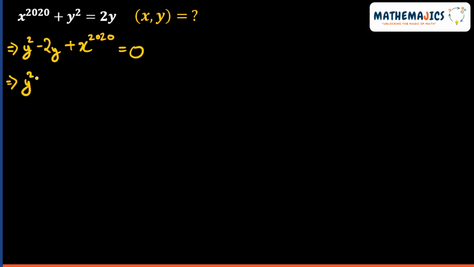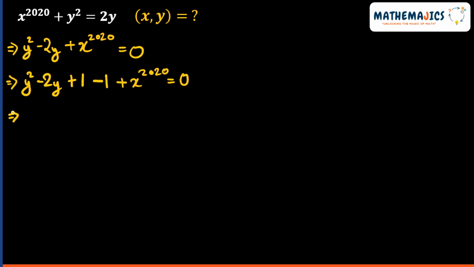If we add 1 and subtract 1 in this equation, that will make no change, because plus 1 and minus 1 gives you 0. Plus x raised to power 2020 is equal to 0.